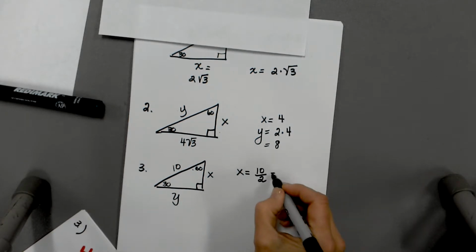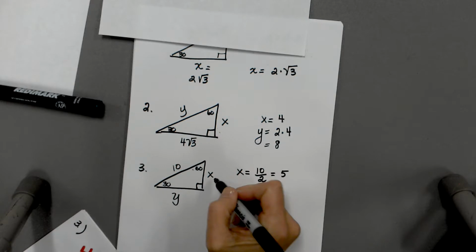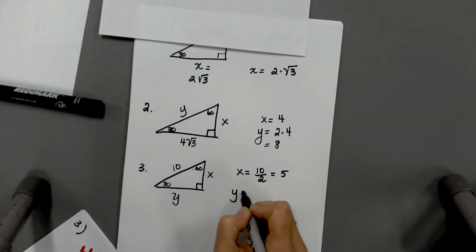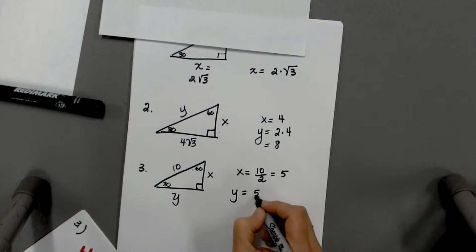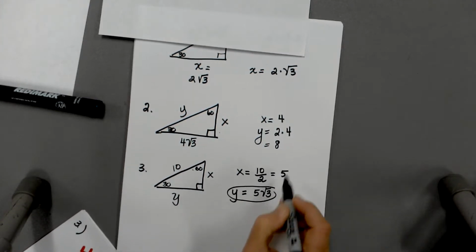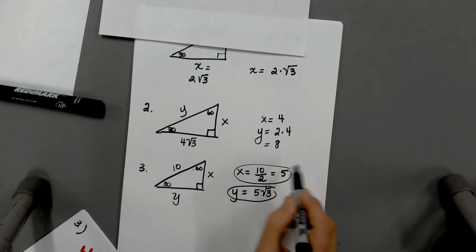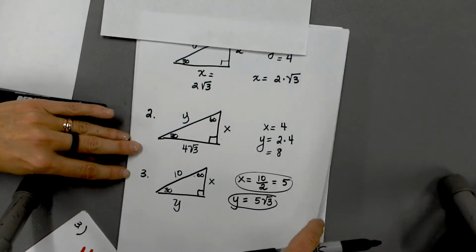So that's going to be equal to 5. And then once we know the short leg is 5, to find the long leg, which we have y, all we're going to do is take the short leg 5 and multiply it by the square root of 3. And so that's how we take a given hypotenuse and find both of the two legs.